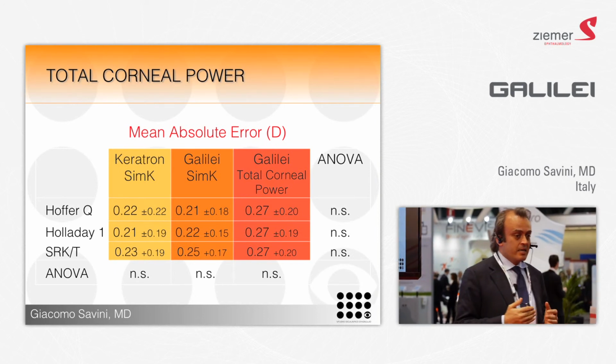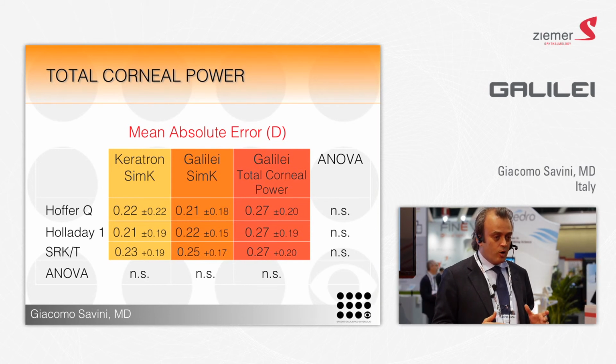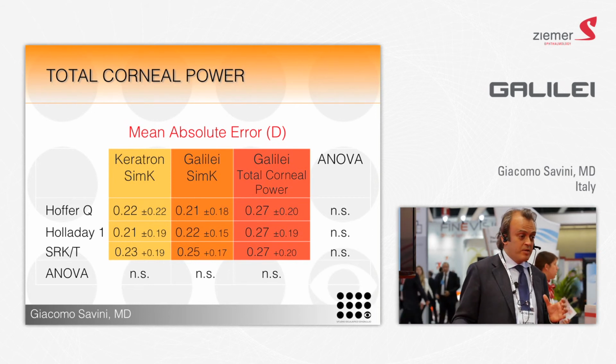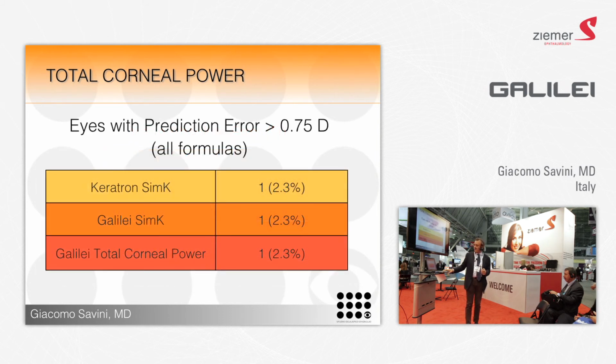So what I say, we can use the total corneal power in normal eyes at least to optimize our constants. Then once you have optimized your constant, you can enter this value in the IOL power formulas.